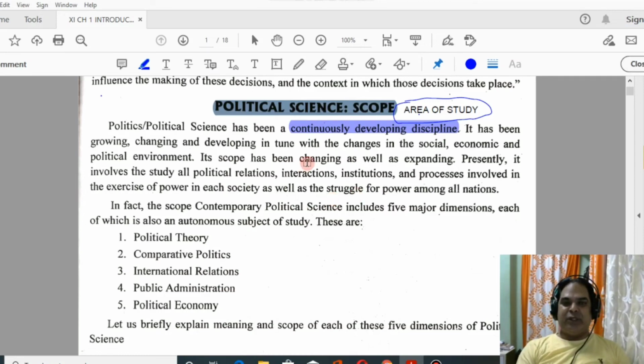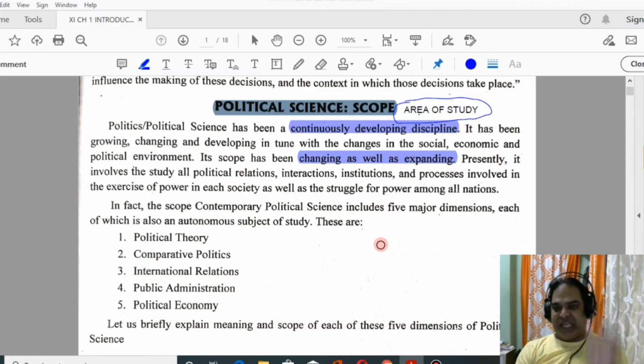It is mentioned over here, the scope has been changing as well as expanding. That means the area of study of political science is changing all the time.